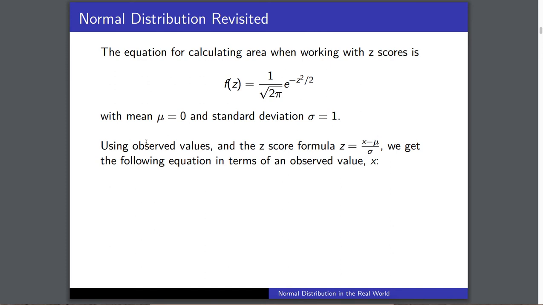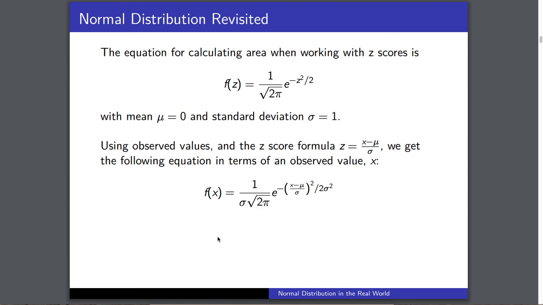So using observed values and x instead of z, and the z-score formula where we can replace z with x minus our mean divided by our standard deviation, we get the following equation for an observed value x. Bear in mind that the standard deviation when we're looking at z-scores is 1, so it's going to look slightly different even after we substitute this expression in for z.